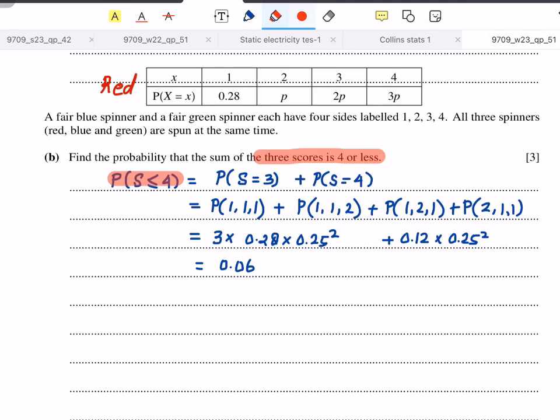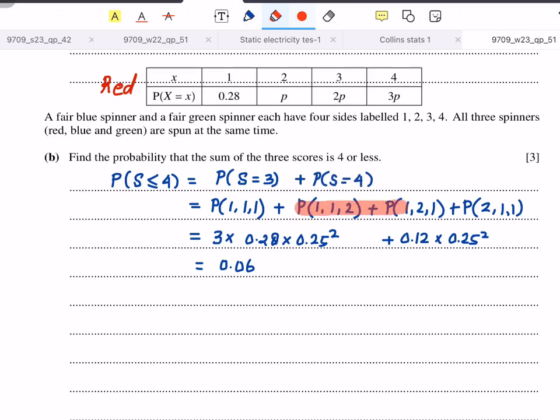There are 2 possibilities. They are probability S is equal to 3 or probability S is equal to 4. For probability S is equal to 3, there is only one scenario. It is probability 1, 1, 1. While for probability S is equal to 4, we have 3 scenarios.